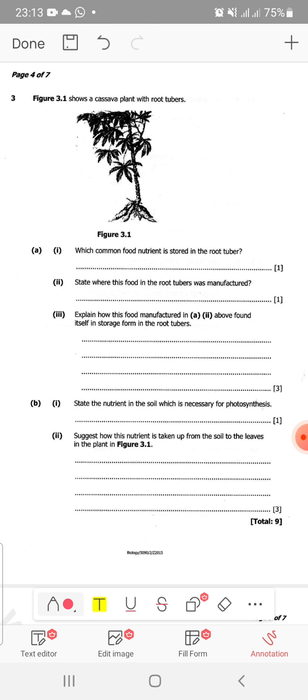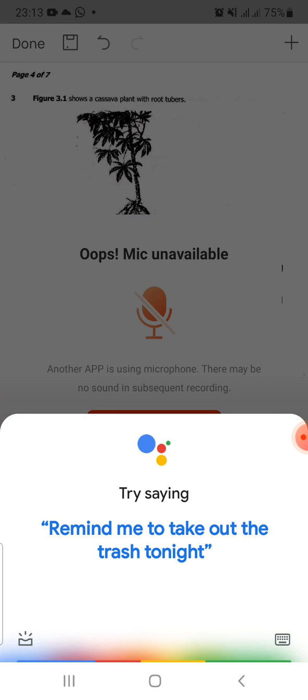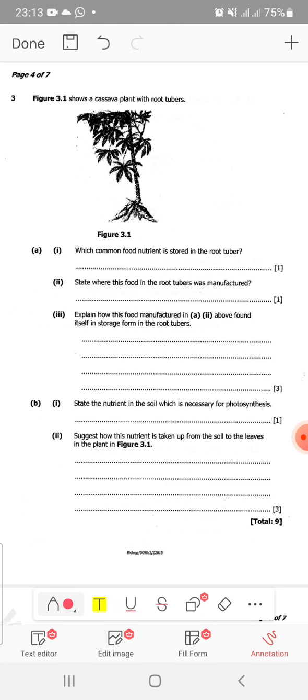So carbohydrates like glucose, especially in this case. Okay, so the nutrient which is stored in the root tuber is carbohydrate, specifically in the form of starch. So starch is the nutrient which is stored in the root tubers.